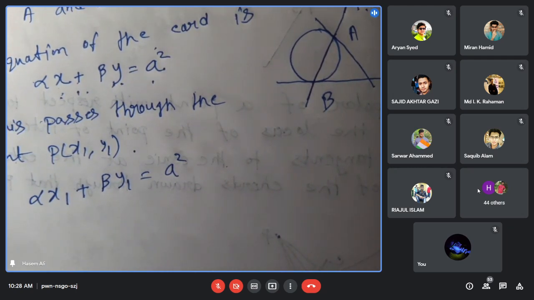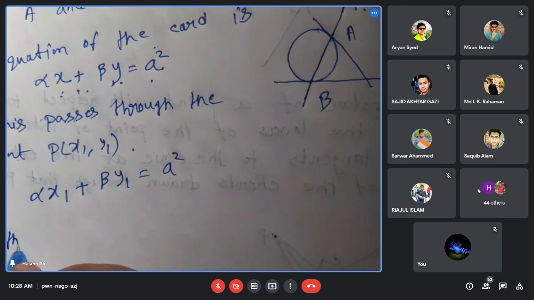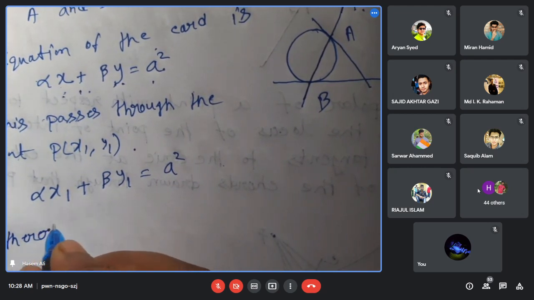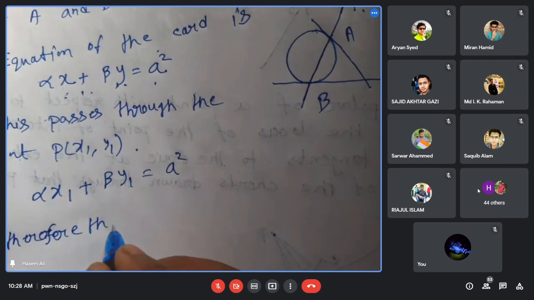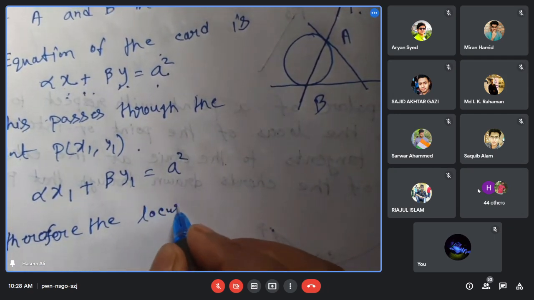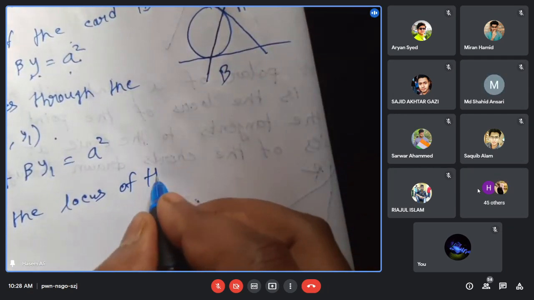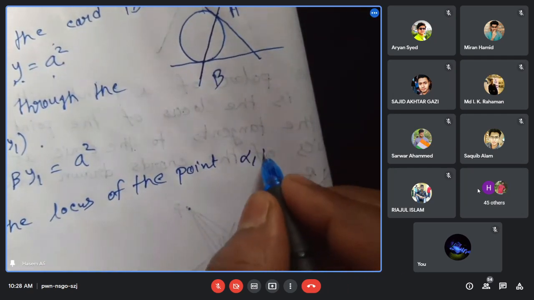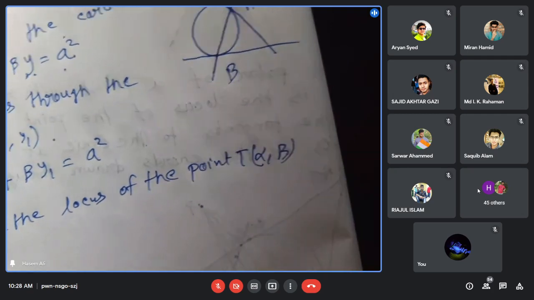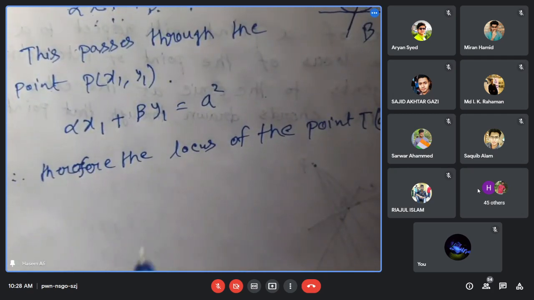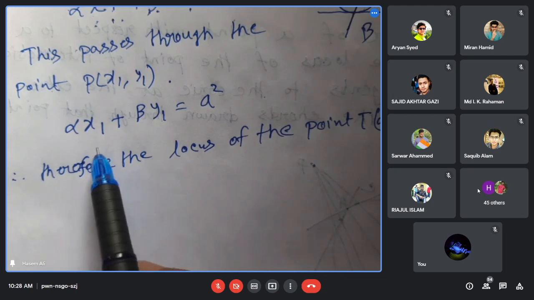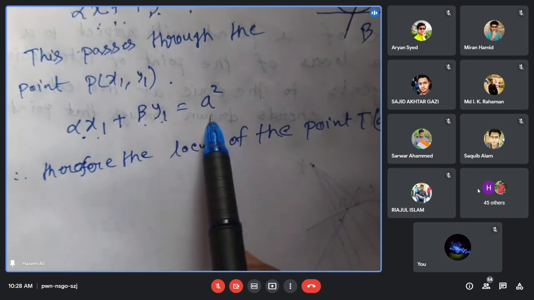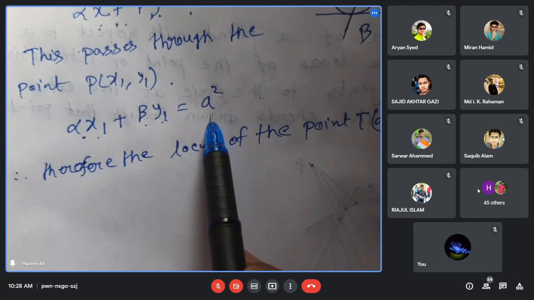Therefore, the locus of the point (alpha, beta). What will it be? We get alpha x1 plus beta y1 equals a square. So what will be the locus?